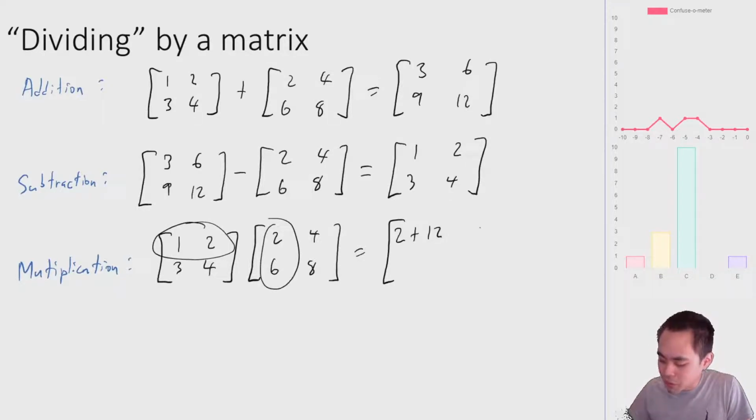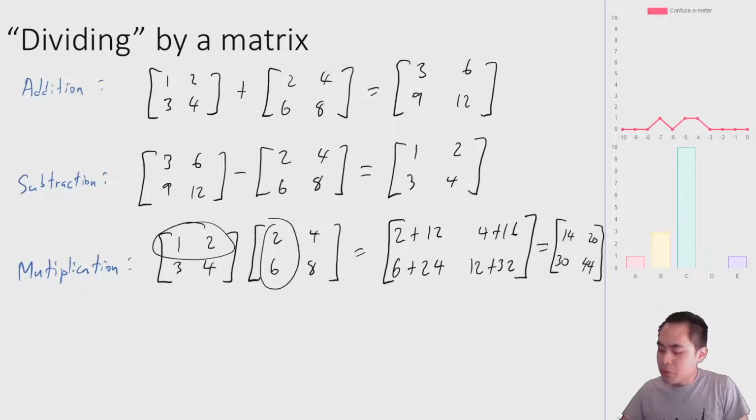So that's going to be 4 plus 16, and 6 plus 24, and 12 plus 32, using all the inner products. And that's going to be 14, 20, 30, and 44.